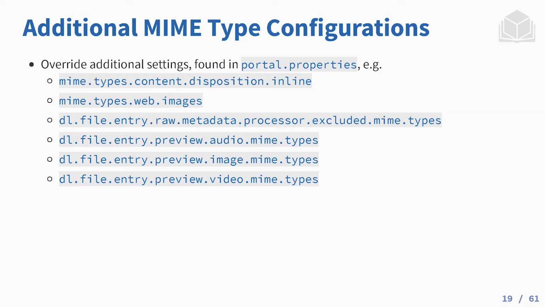So they might get a different treatment on Liferay's end. For example, for videos, we can generate thumbnails. For the web images, those are the ones that our web content management offers for embedding images, so that Liferay knows what it can do with these files.